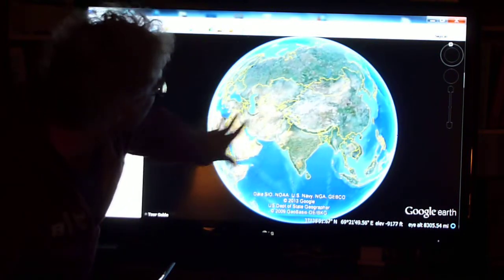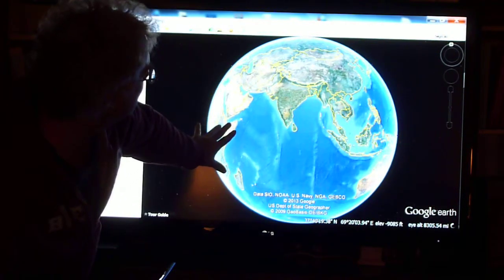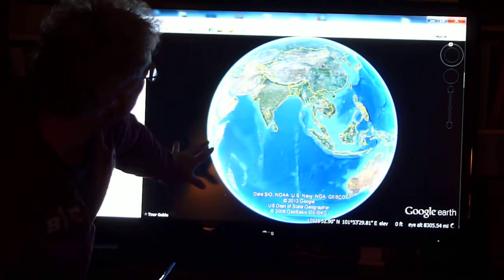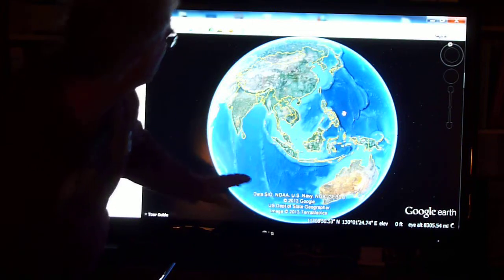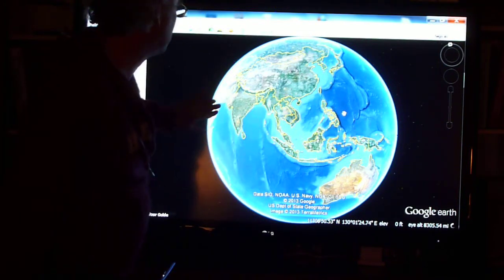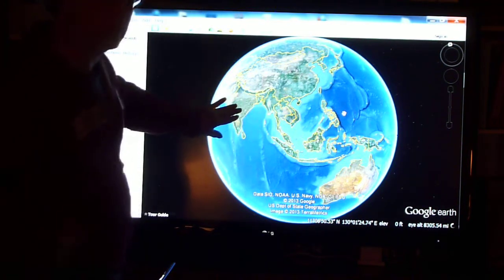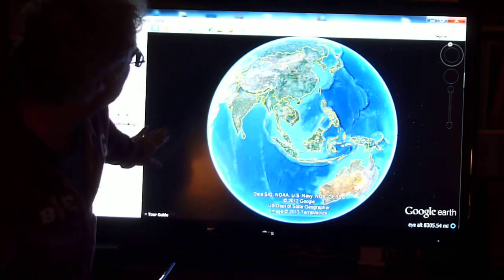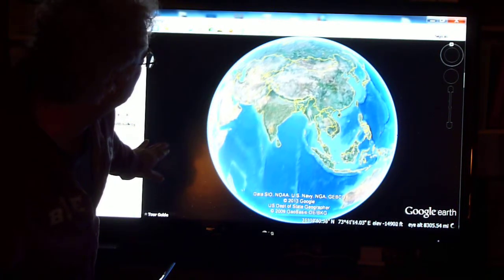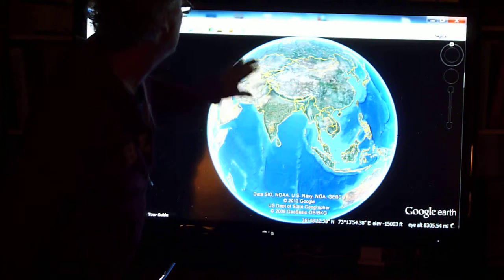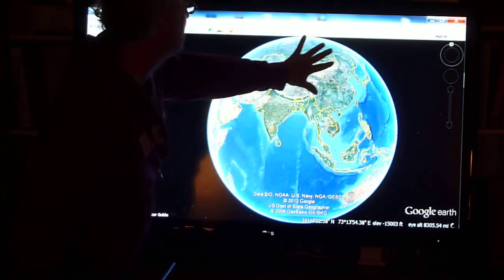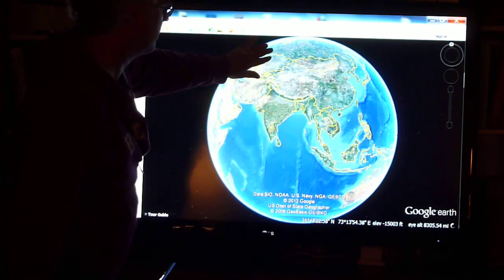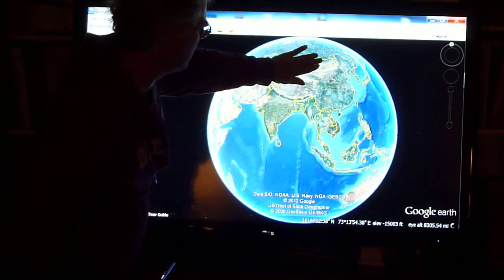But as it's traveling towards the east, the southern hemisphere African flow meets the now coagulated northern hemisphere flow.